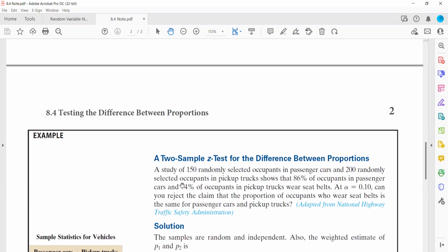Exactly 86%, 74%. So I'm just ignoring this sentence here. The claim says, guys, keyword. This is your claim. The proportion is the same. So the claim says the proportion is the same.